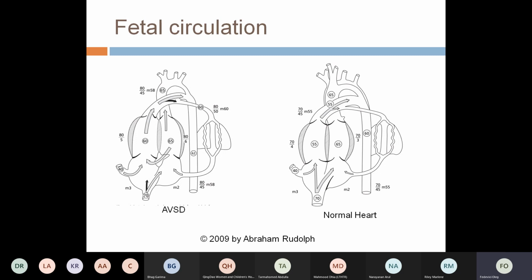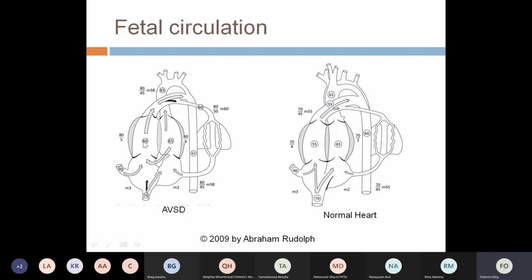So in the fetal circulation, there is not much difference in terms of saturation pattern. You can see circled, it's the saturation of the blood. You can see a normal heart here and AVSD here. So the main difference is saturation in the right ventricle.